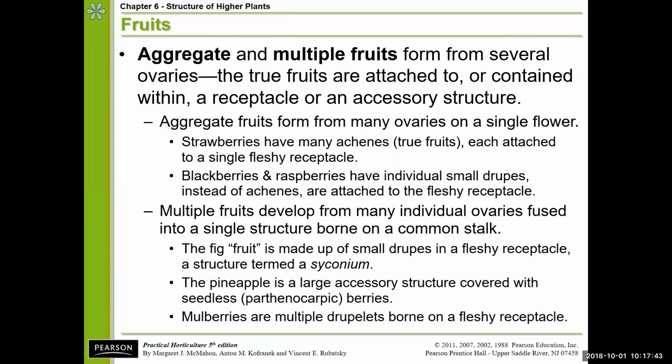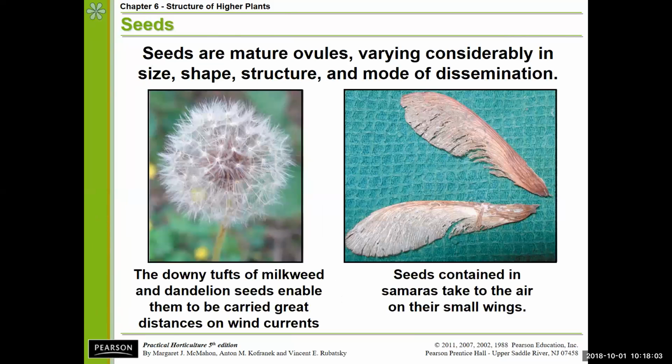You can also see that in a fig, a pineapple, or also mulberries, all botanically a little bit different and not in the same families, but similar things where fruits are fused together. That's good for us, right?